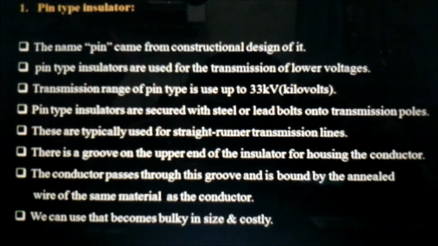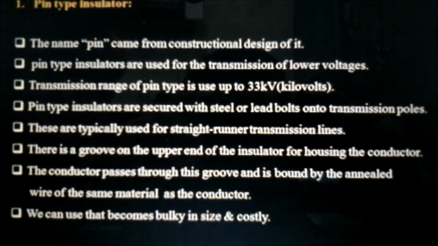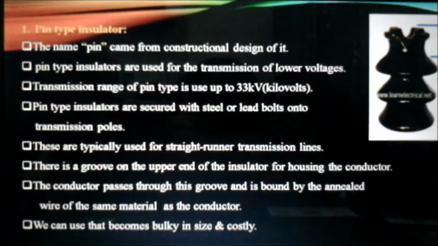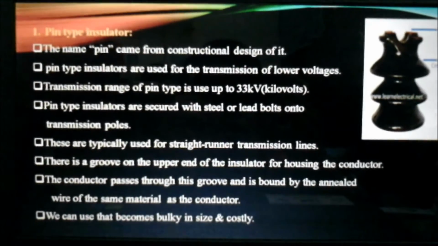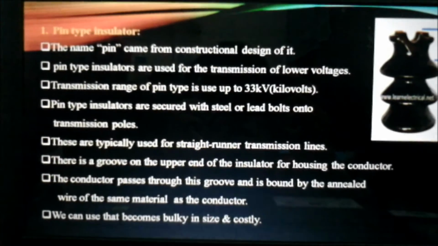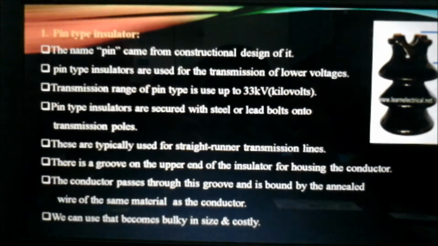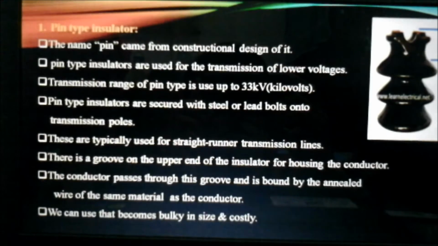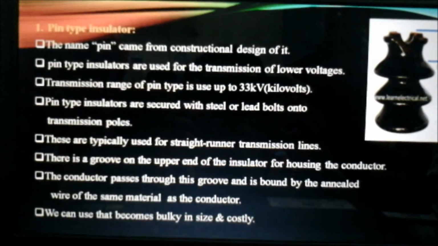Okay, for the pin type insulator, the first point is that the name pin came from the constructional design of it. Pin type insulators are used for transmission at lower voltage. The transmission range of the pin type is up to 33 kV.